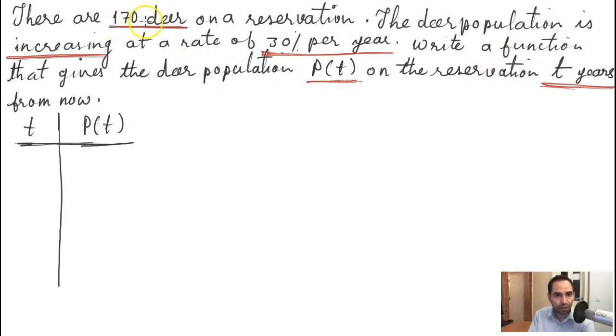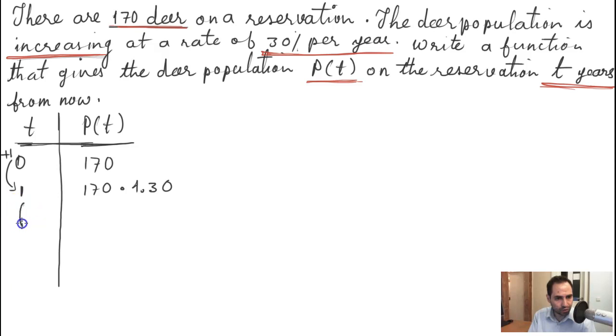In the beginning I had 170 deer. 170 deer is the population when we start counting and managing everything related to this whole study. And it's increasing at the rate of 30% per year. So that means after 1 year, you're increasing this at the rate of 30%. That means 170 that I had here times 1.30 is increasing this by 30%.